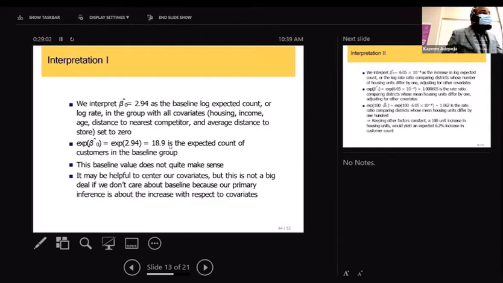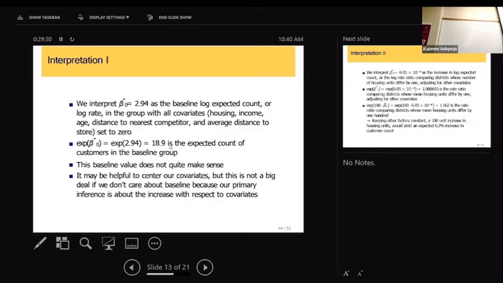You know why it doesn't make sense? When distance equals 0, when all the predictors equal 0, even when the age equals 0, they're still going to have 18.9 customers. That doesn't make sense. As I told you the other time, it is not all the time that the intercept makes sense. It may be helpful to center our covariates.